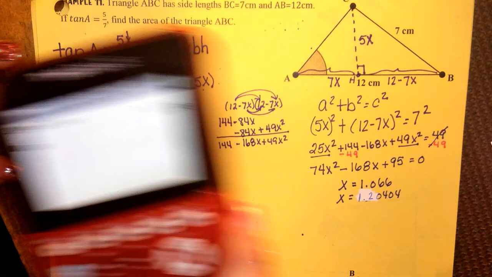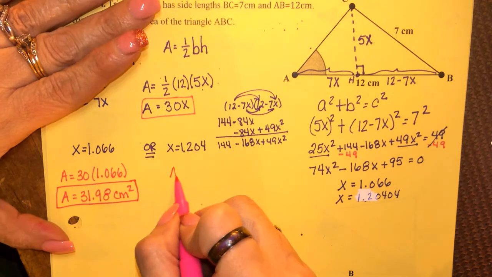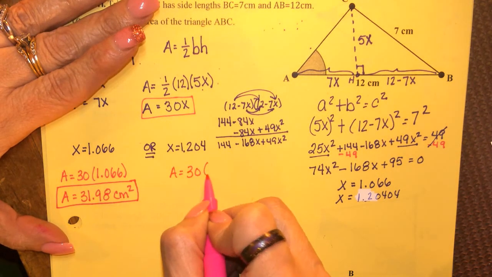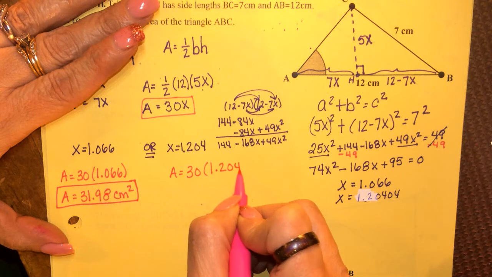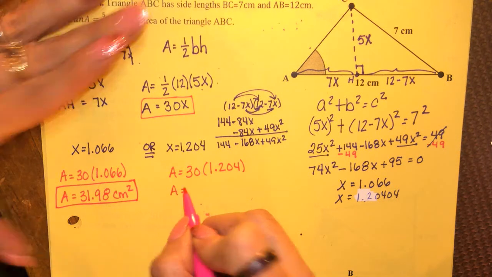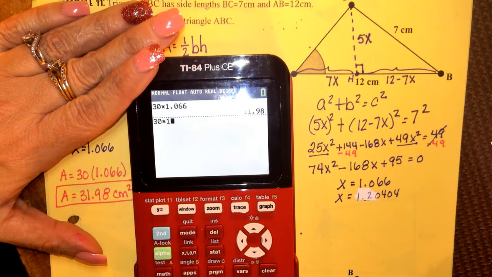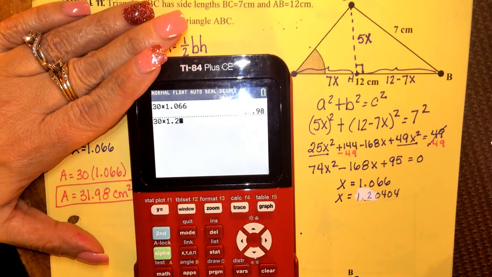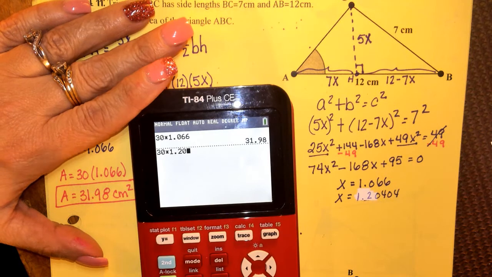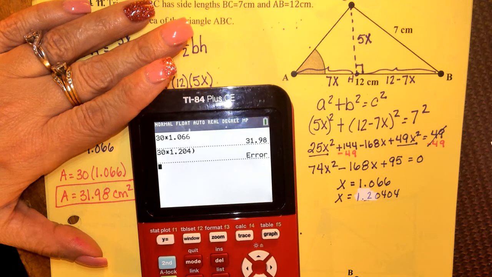And now we're going to do the other one, which is the area equals 30 times 1.204. Oh, I hit an error.